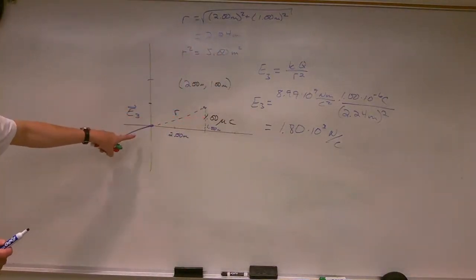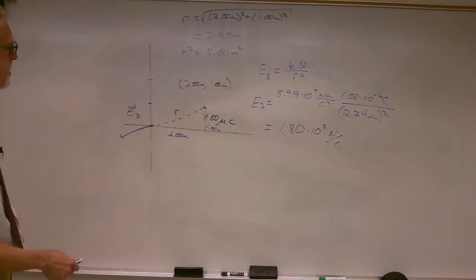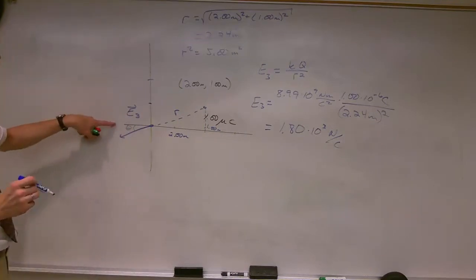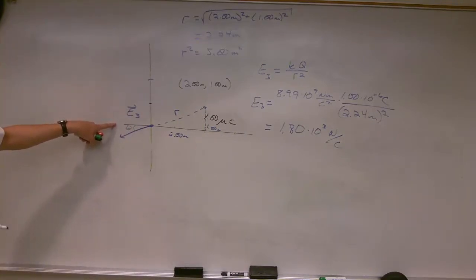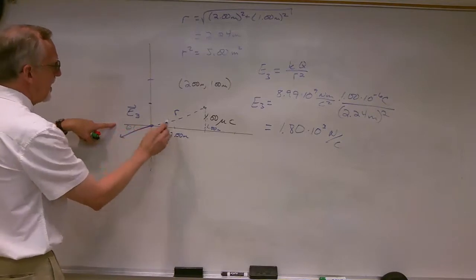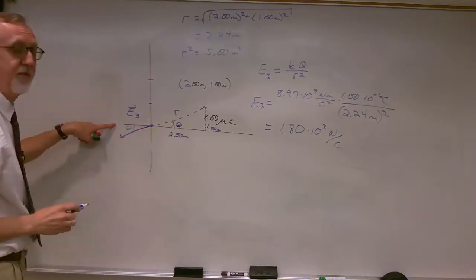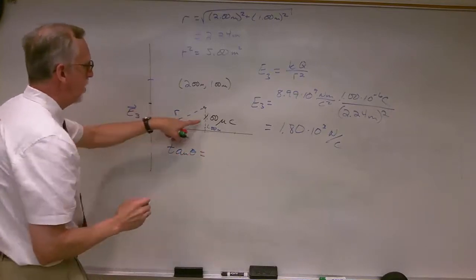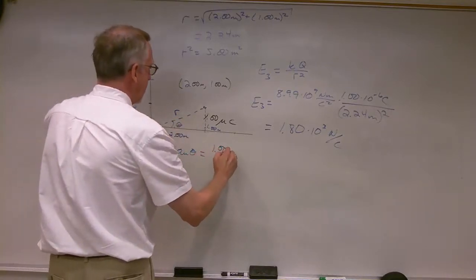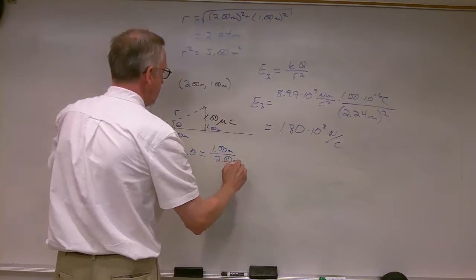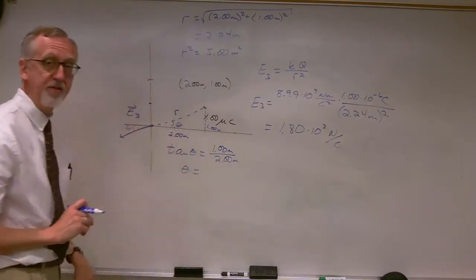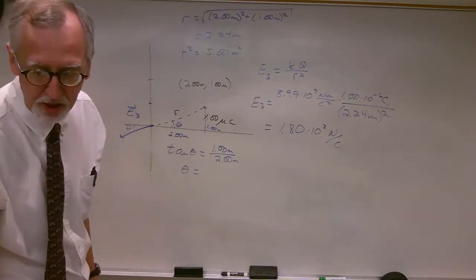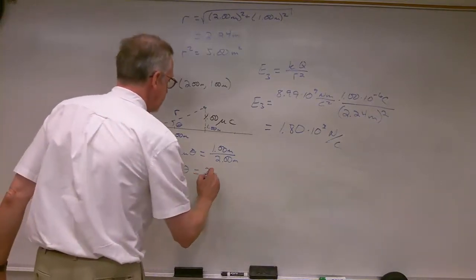Now, what's the direction? Well, we've got the magnitude. The direction of this is at some angle theta here below the negative x-axis. Since this is a straight line, we know that angle has to be the same as that angle, so we can figure out what that is. We know tan theta is equal to opposite over adjacent, 1 meter over 2 meters, or 0.5. Theta is going to be the inverse tan of 0.5, which is 26.6 degrees.